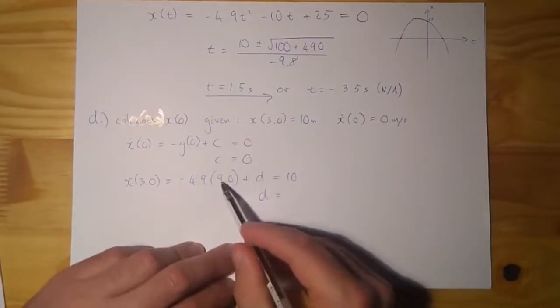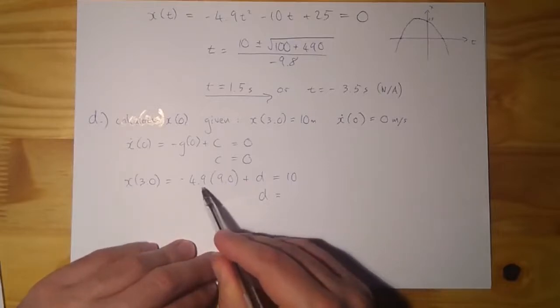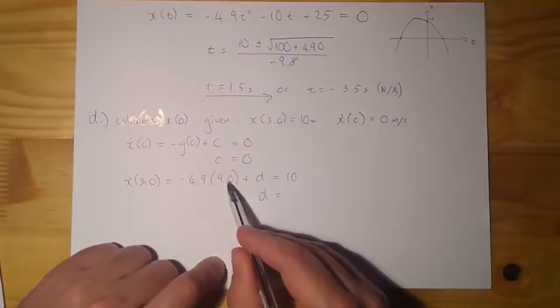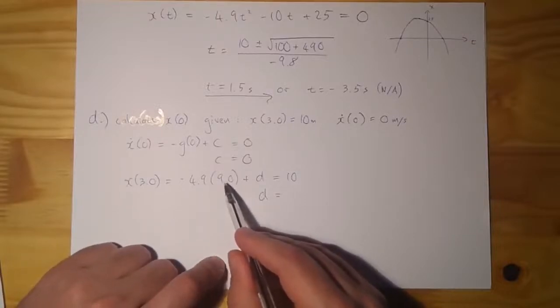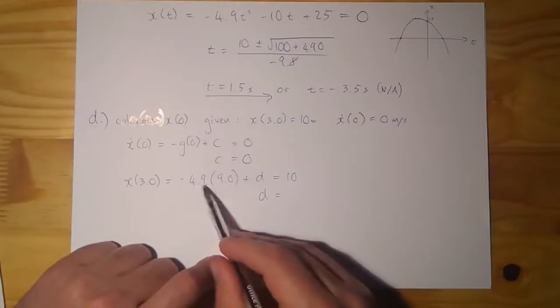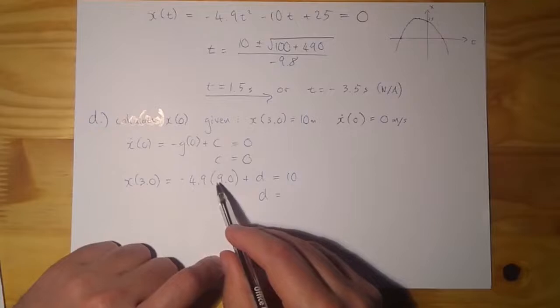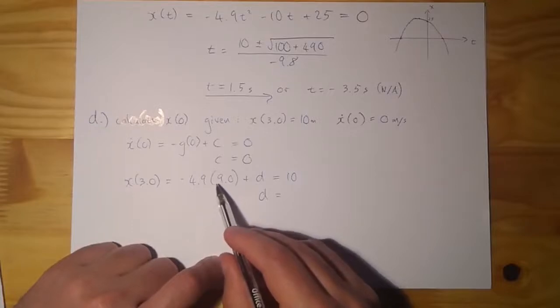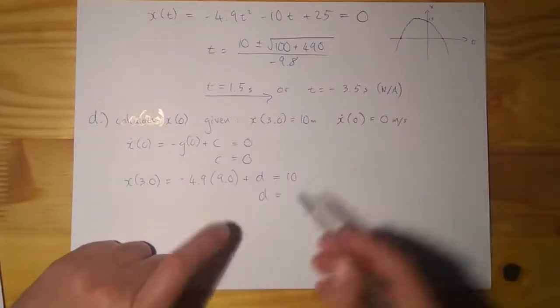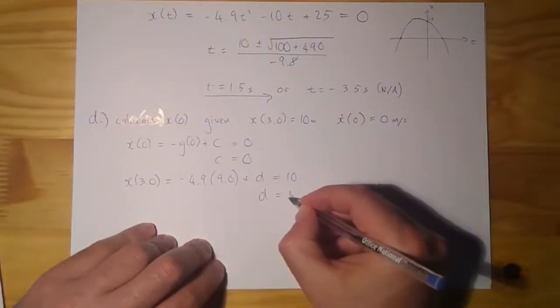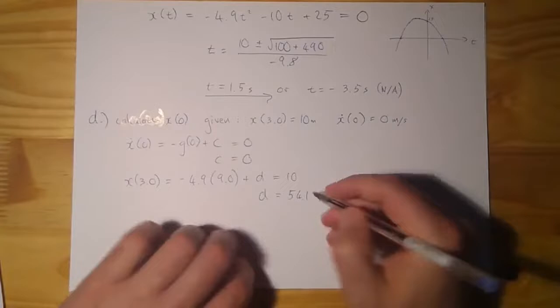Don't always use calculators. 4.9 times 10 is 49. I just want 9, I don't want 10 of it. So 49 minus 4.9: 49 minus 5 is 44, and then plus 0.1 is 44.1. So 10 plus 44.1 is 54.1 meters.